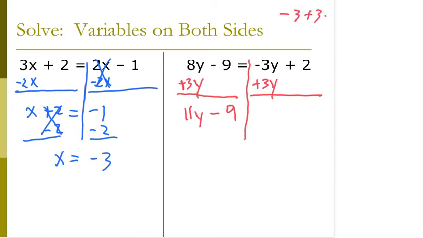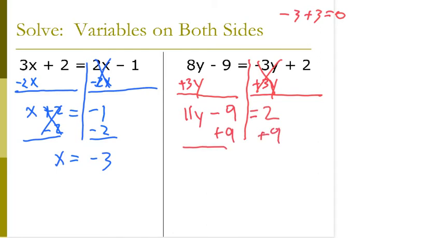So in other words, these two values here, negative 3y plus 3y, give us 0. 0 plus 2 is 2. So we end up with this equation, 11y minus 9 equals 2. We apply inverse operations. We add 9 to both sides of our equation.